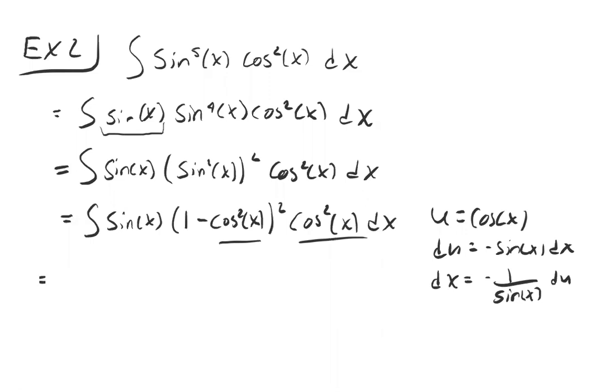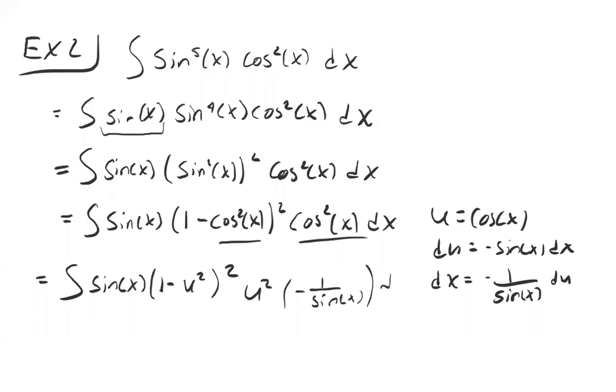If I plug this in, I'm going to have the integral sine of x, 1 minus cosine squared, or cosine of x is u. So I get 1 minus u squared. Square that. Have another cosine squared, which is a u squared. dx is minus 1 over sine of x, all multiplied by a factor of du.